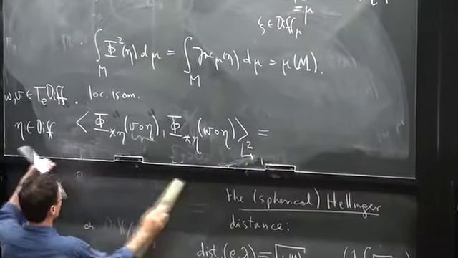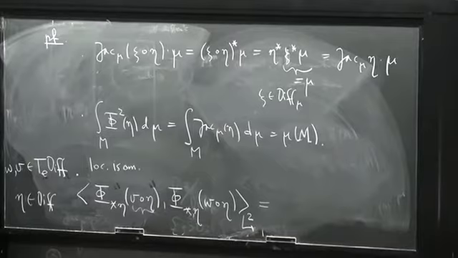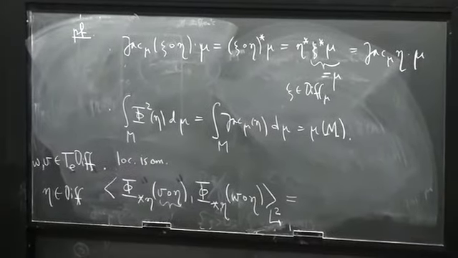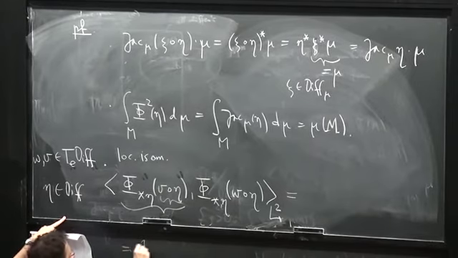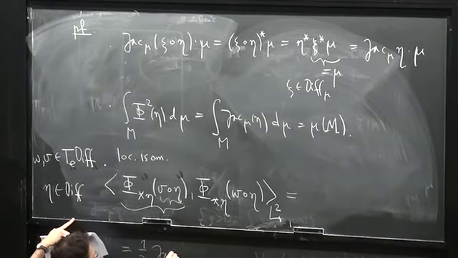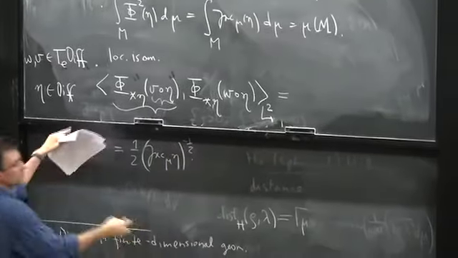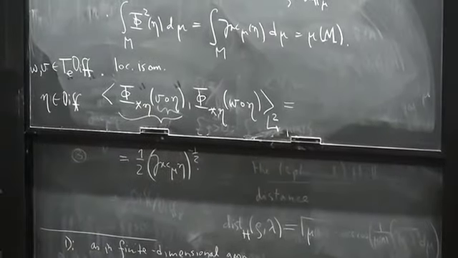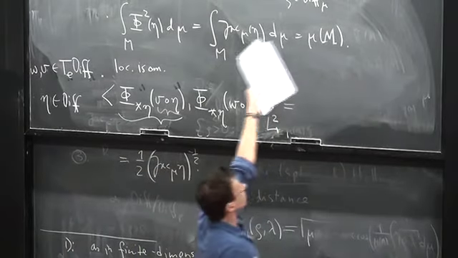If I just look at one of them, I have to differentiate that square root. In this case, I get 1/2 times the Jacobian μ of η to the minus 1/2 times the derivative of the Jacobian in η.